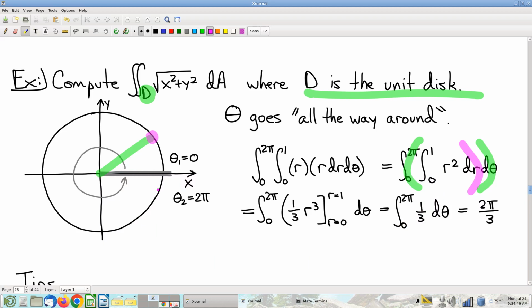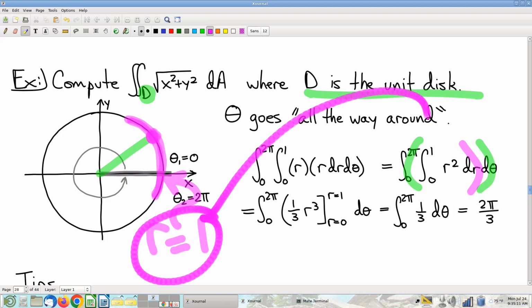Well, it's on that curve, so I've got to think about what the equation of that curve is. Obviously, we want it in polar coordinates because I need to know the value of the polar coordinate r. And you can go to a little bit of trouble and convince yourself that the equation of this curve is r equals 1. So the last point, that curve, that equation, solve for r, and there's your upper bound. Everybody happy? Right. Okay.